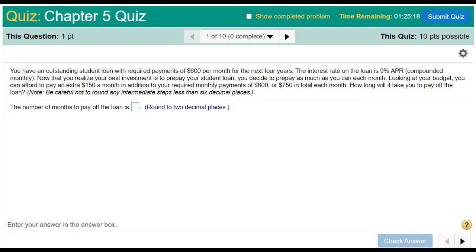And present value is that 24,000. Then compute for n. It's 36.92. Yeah.